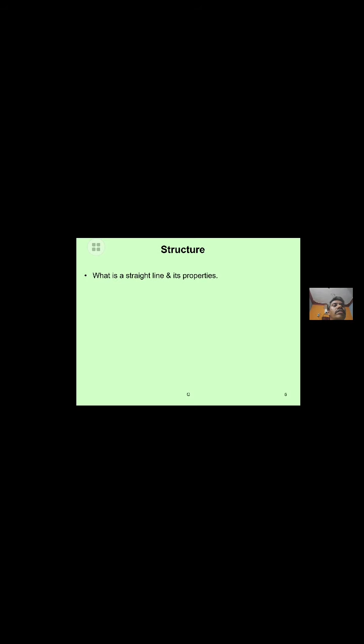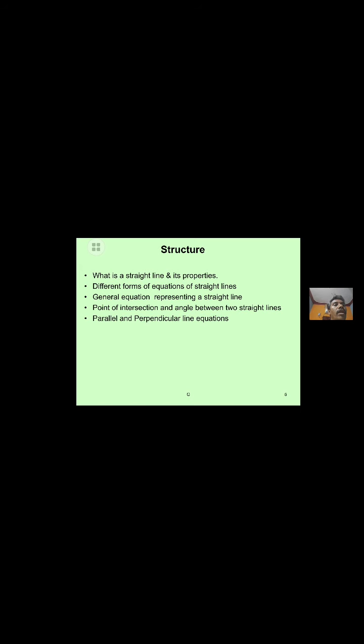So structure. Let us put some questions. What is a straight line and its properties? Different forms of equations of straight lines. General equation representing a straight line. Point of intersection and angle between two straight lines. Parallel and perpendicular line equations.